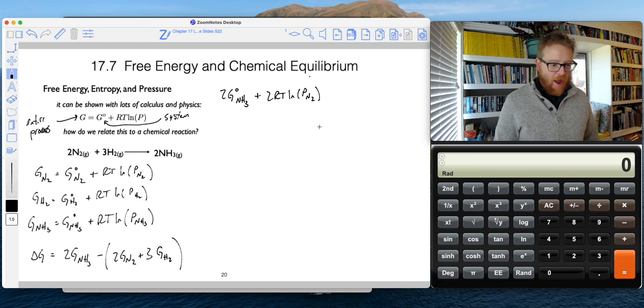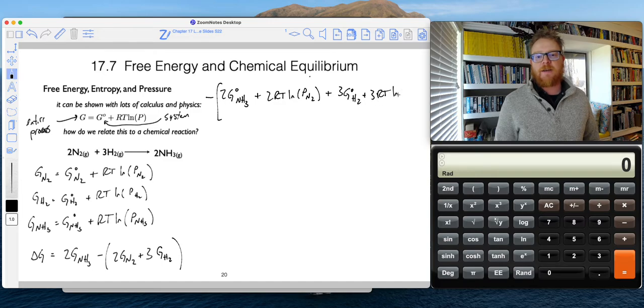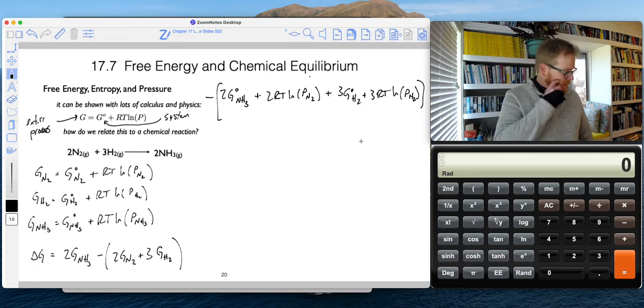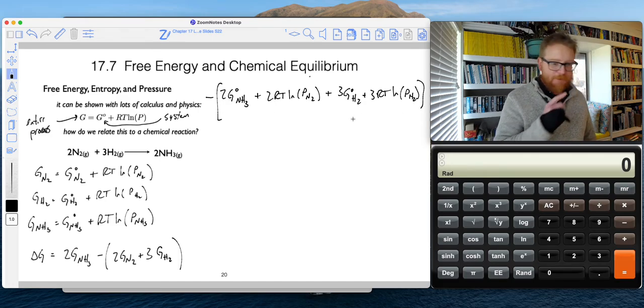And then there's a negative sign there, so let's keep that negative sign. So we're summing up my reactants. So now that's 3 times G standard for H2 plus 3 RT natural log of P H2. So there's my sum of my reactants. And that was the negative part for the reactants.